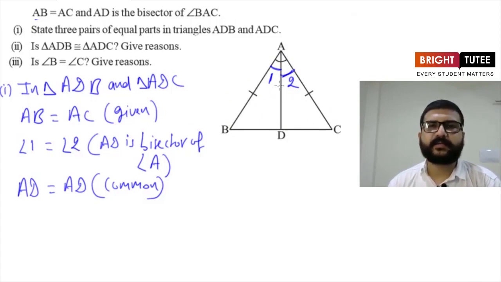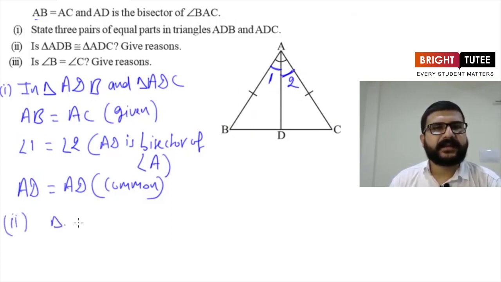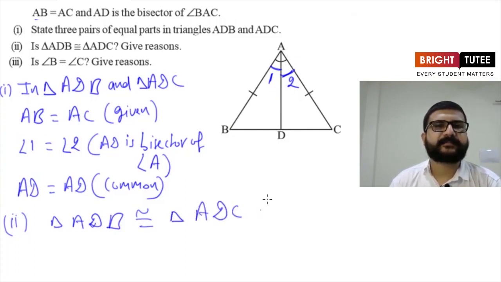So here we have angle 1 is equal to angle 2, and these are the angles included between the sides we are considering. Now from triangle ABD we are considering sides AB and AD, and angle 1 is included angle. Same is the case for angle 2 also. So it means here we can directly say triangle ADB is congruent to triangle ADC by SAS criteria.